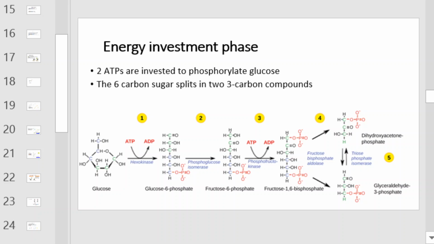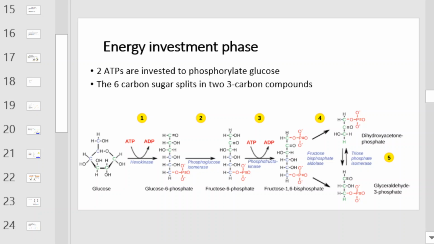Here we see the energy investment phase of glycolysis. The reason it is referred to as the investment phase is that glucose is a stable molecule and must be activated in order for it to be split. Here we see the 6-carbon glucose in the far left corner, activated by dephosphorylating ATP, forming glucose 6-phosphate.